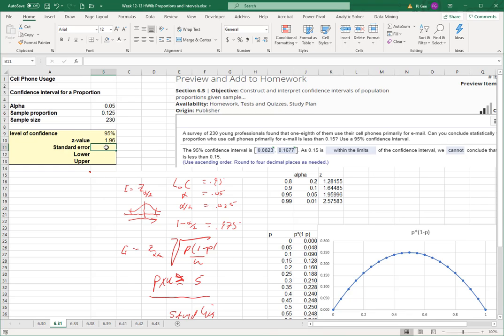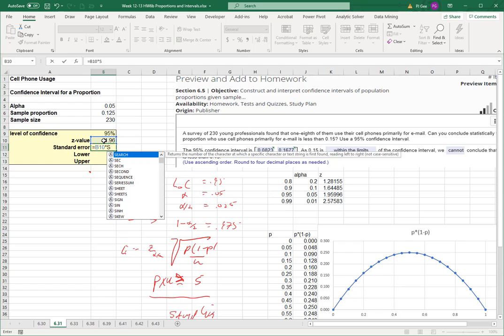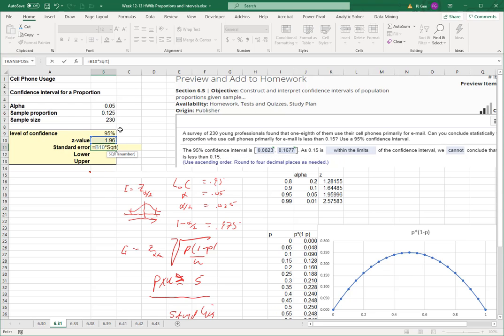I think I could just say our standard error is going to be the square root of p, the sample proportion, times 1 minus that, over 230.